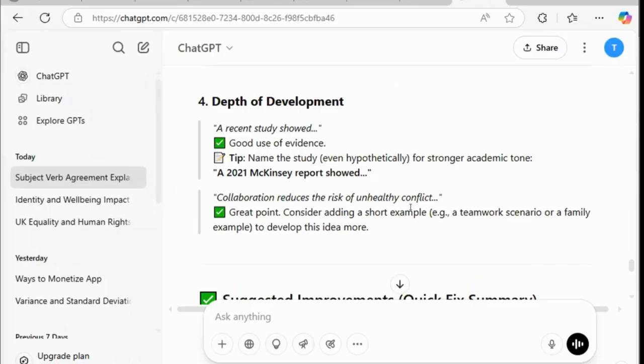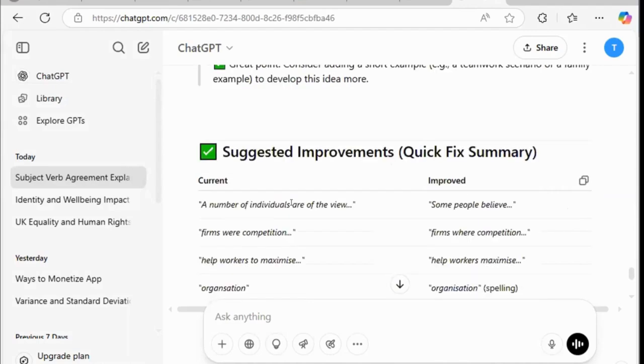Consider adding a short example, a teamwork scenario or family example to develop this idea more. So this is what it calls depth of development. So you see, by the time you go through all the corrections that it gives you, you will go back to your essay and make all those corrections. That's what will help you to improve your essay writing skills.